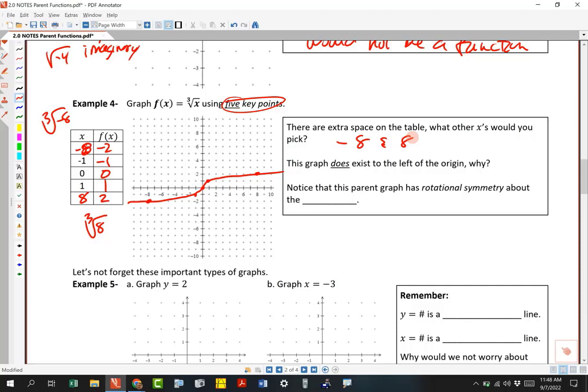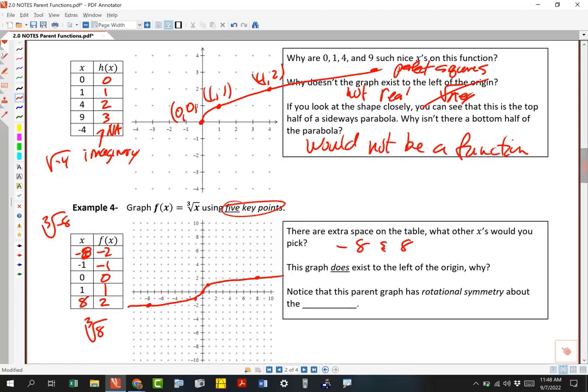This graph does exist on the left side of the origin. Why does it exist on the left side of the origin? The other one didn't. The one right above doesn't. So square root? Nope, just stops right there at 0. Why does the cube root keep going off in that direction?